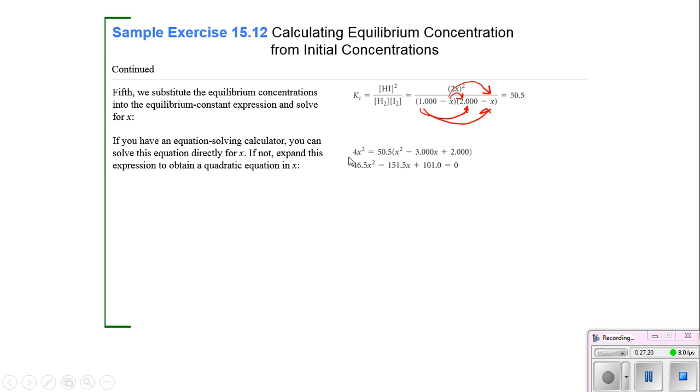Okay, so we're going to end up with the expression of 46.5x squared minus 151.5x plus 101.0 equals 0.